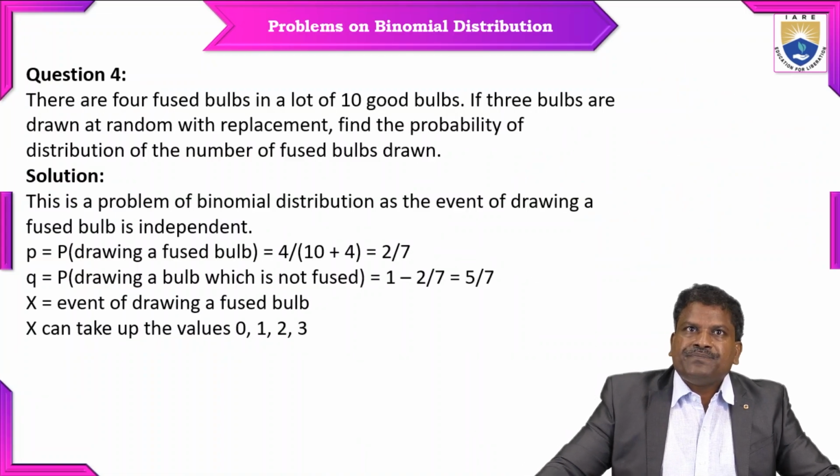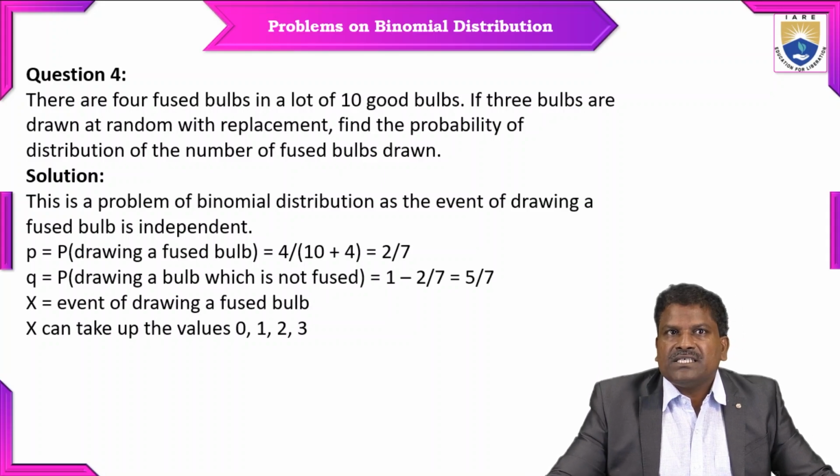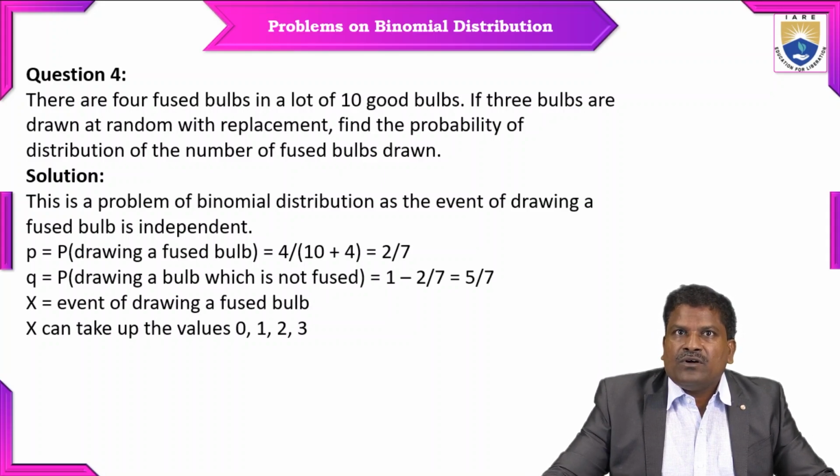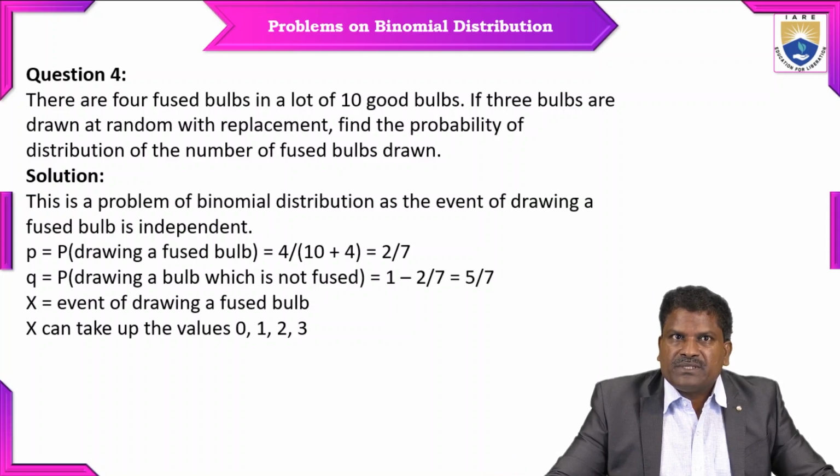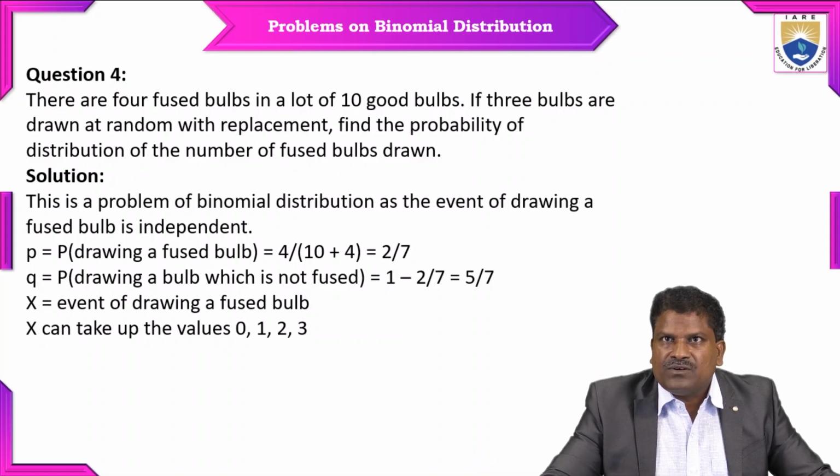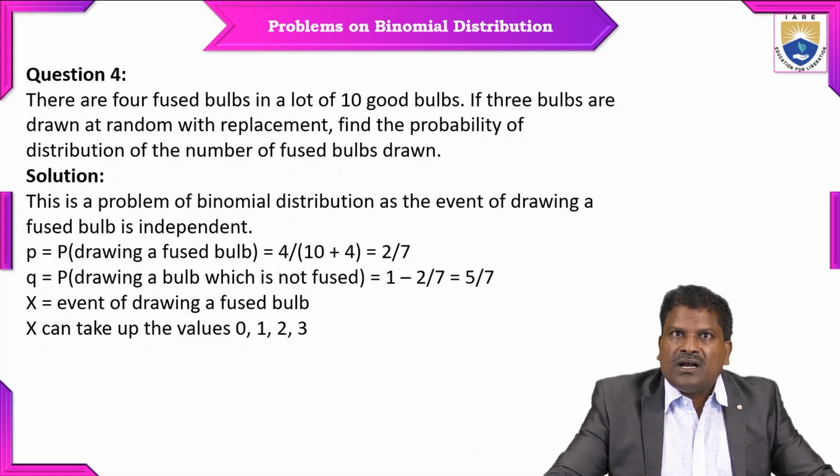In the same way, let us see this question. There are 4 fused bulbs in a lot of 10 good bulbs. So out of 10 good bulbs, 4 fused bulbs are found.